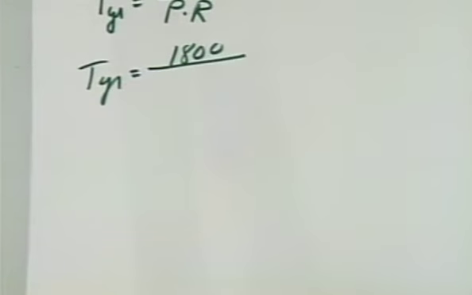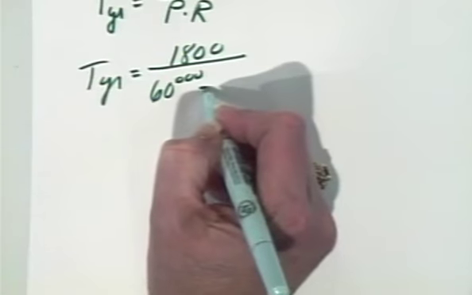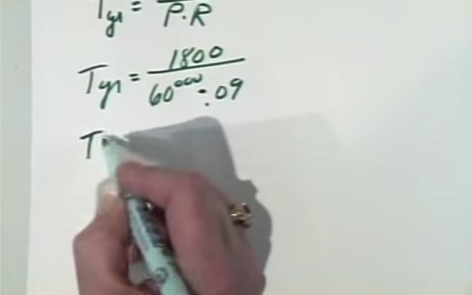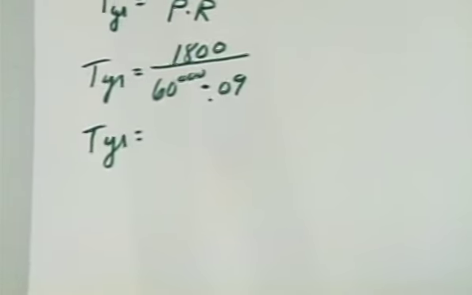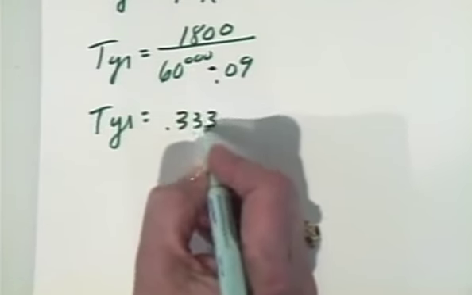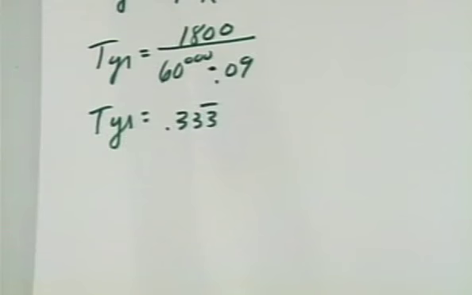I think all of you would have known that, but it's going to get a little more complicated next week. The stories get a little more complex. So then how much he borrowed was the $60,000, and we're going to take that times 0.09. Time in terms of a year then is 0.3 repeating is what I got. Agree?